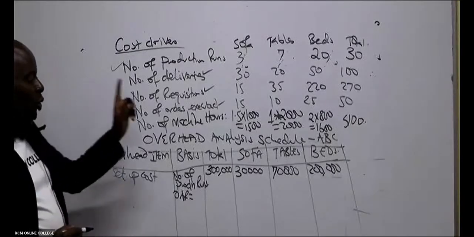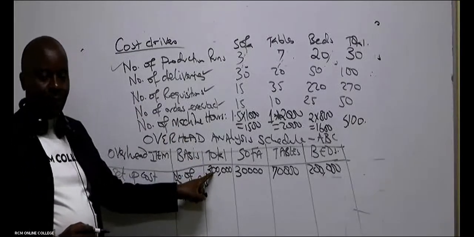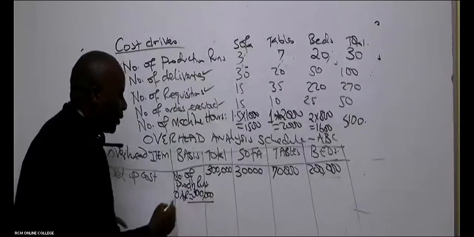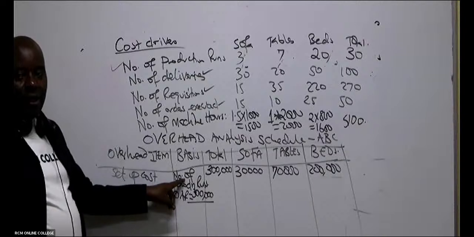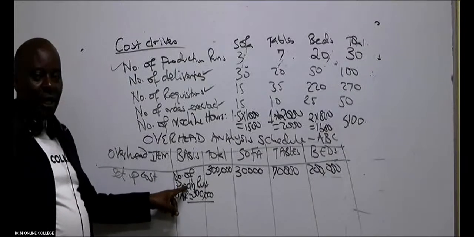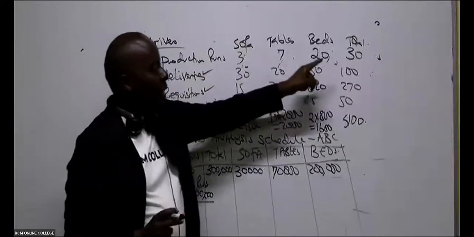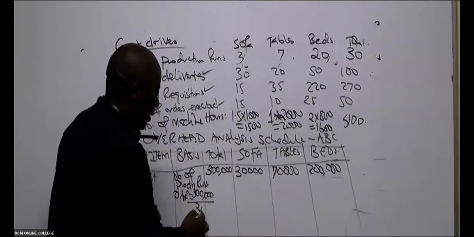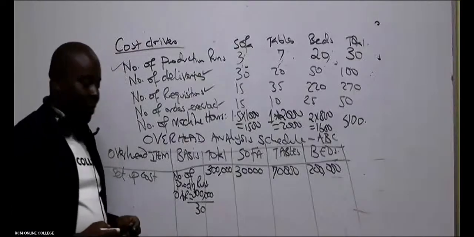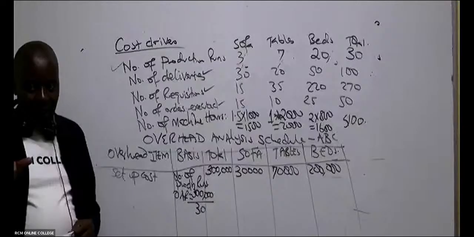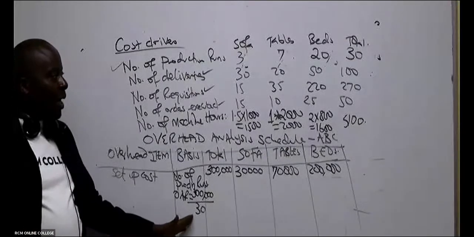Do we have the total setup cost here? 300,000, isn't it? And then you divide this by the basis, which is the total number of production runs. The total here is 30. So 300,000 divided by 30 will give me 10,000. So this will be 10,000 per run.